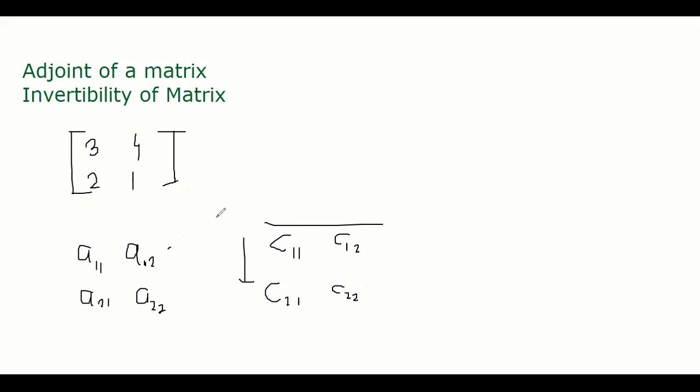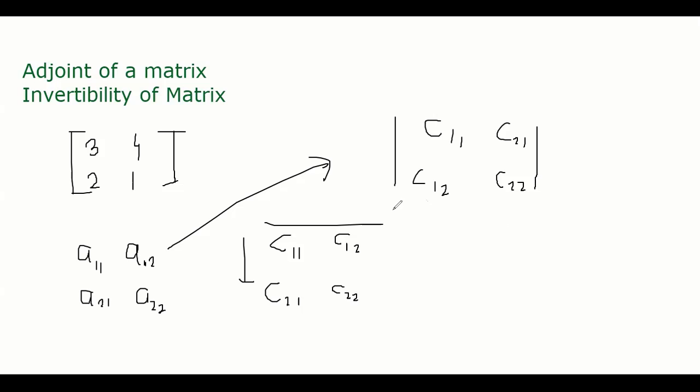So the adjoint of this matrix will be given by writing C11, C12, C21, and making a transpose of that. Adjoint is nothing but the transpose of the cofactor matrix. That is what adjoint means.